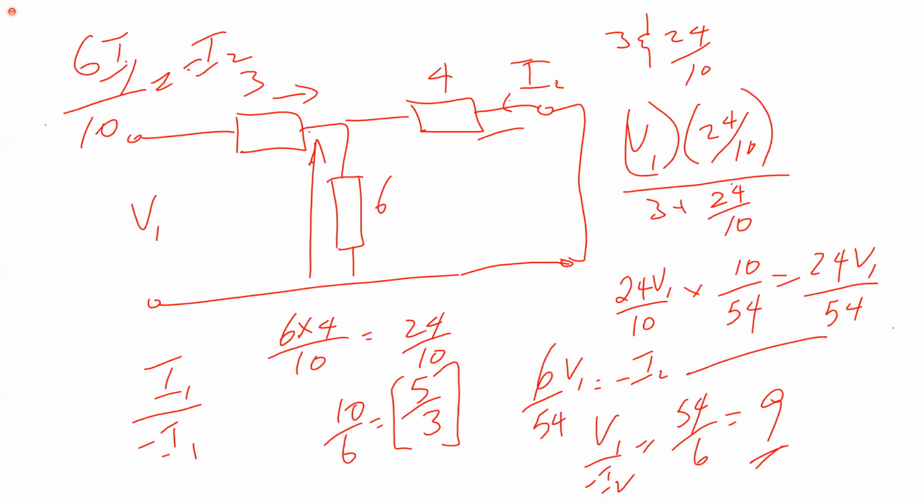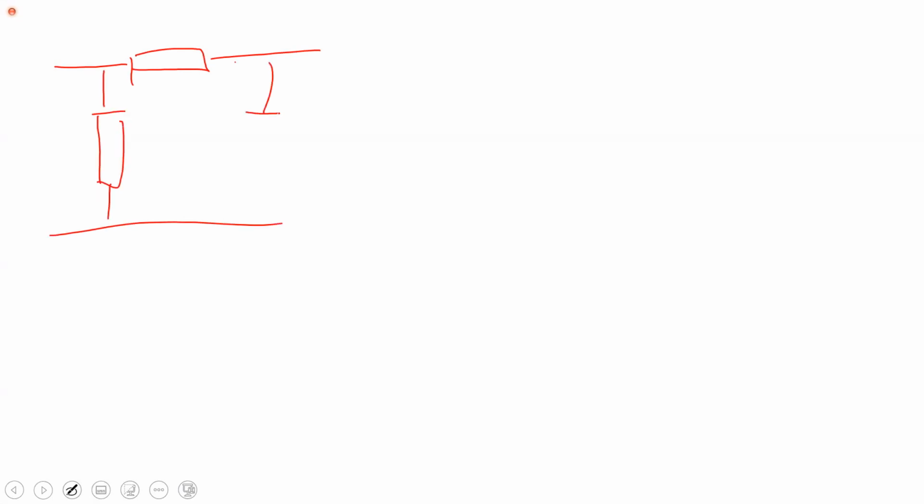For the pi network, you had here 6, 4, I have 3. Okay, so we have your 6, 4, and 3.